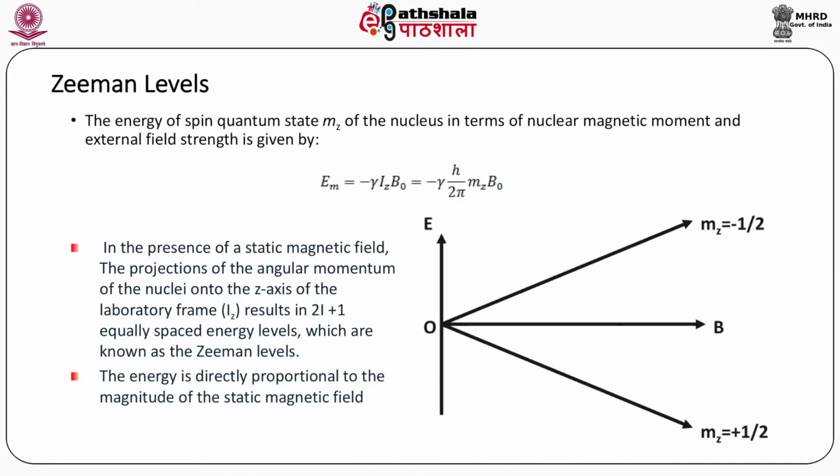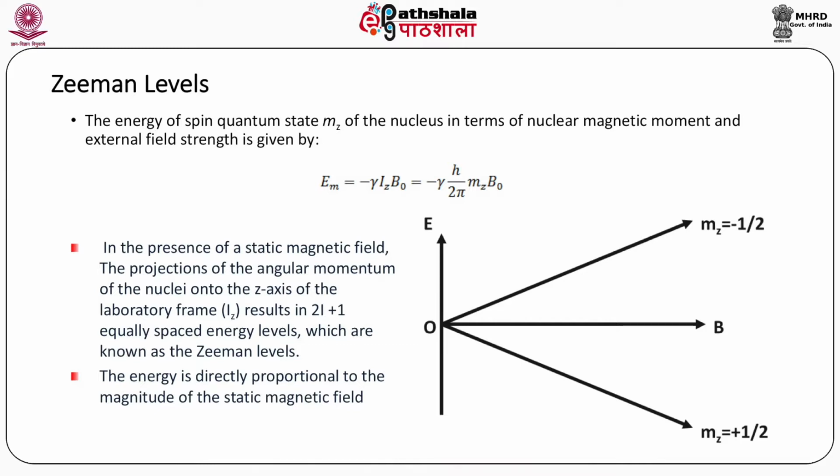The energy of spin quantum state mz of the nucleus in terms of nuclear magnetic moment and external field strength is given by Em is equal to minus gamma Iz B0 is equal to minus gamma h by 2 pi mz B0. Many times it is assumed that energy is expressed in the units of h cross or h by 2 pi, and therefore h cross is not explicitly written.